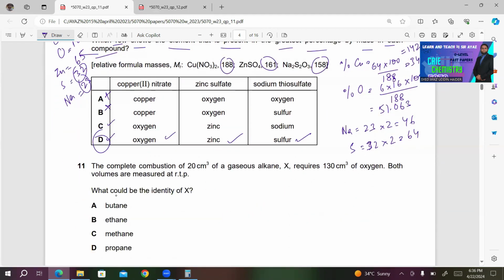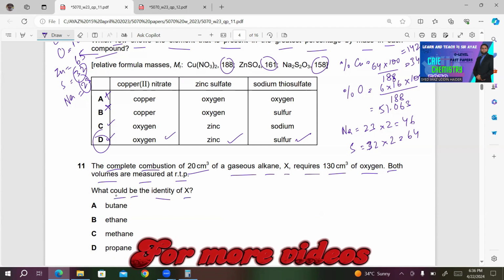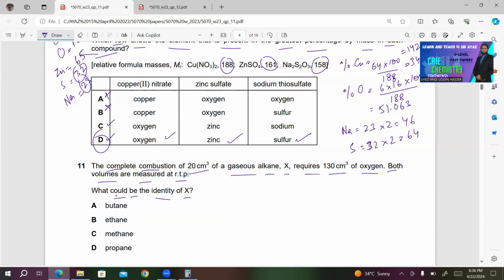Number 11. The complete combustion of 20 centimeter cube of gaseous alkane X requires 130 centimeter cube of oxygen. Both volumes are measured at RTP. What could be the identity of X? So I will convert these into moles. It's written at RTP.